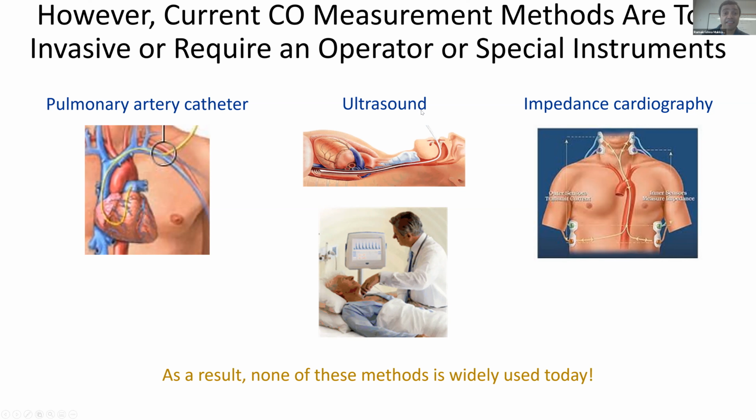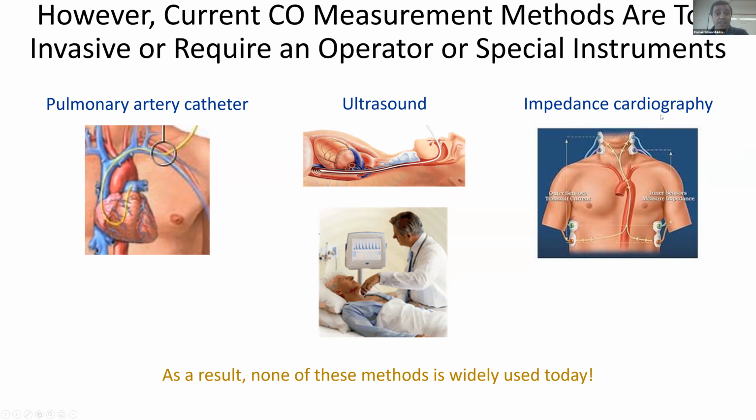Ultrasound is a less invasive method, but it requires a trained operator to frequently reposition a transesophageal Doppler probe, which continually moves with cardiac and respiratory activities, or steadily direct a non-invasive Doppler probe.